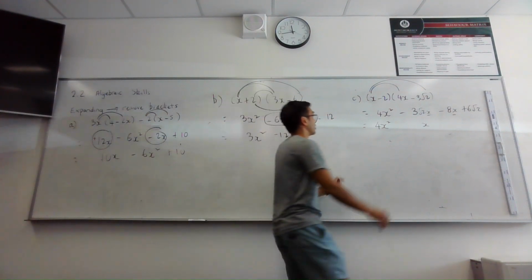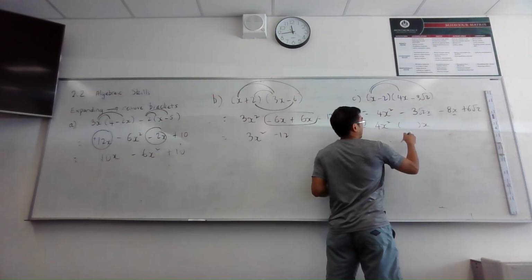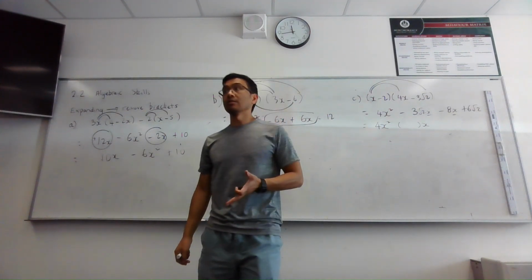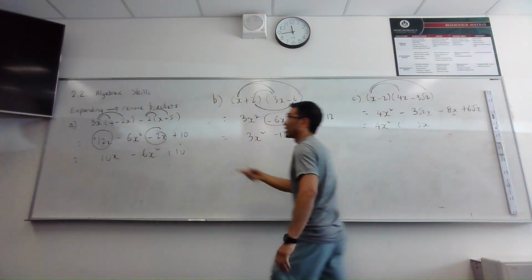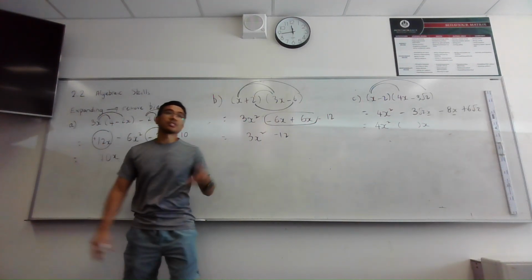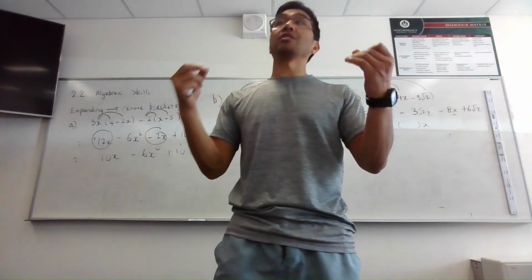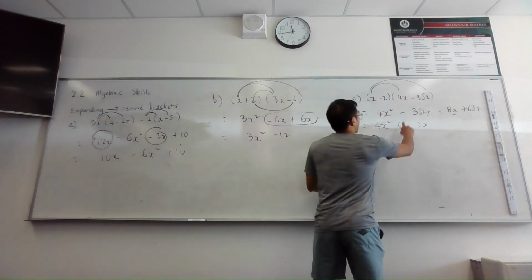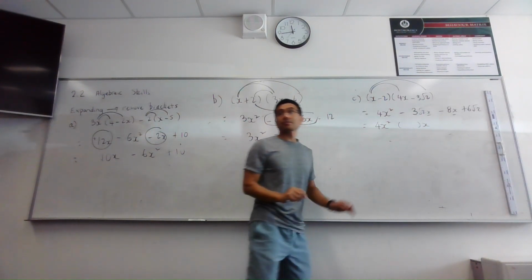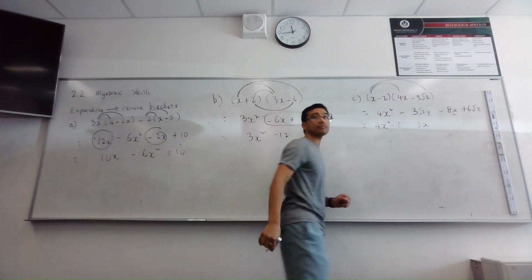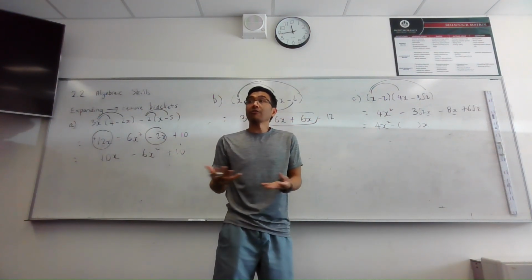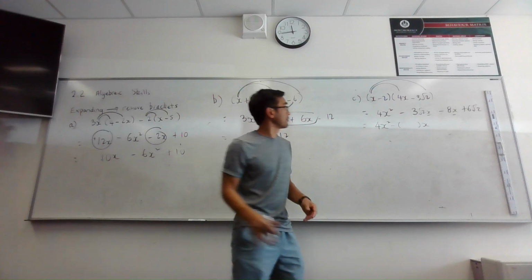Okay. Then we can factorize it like so. Now, I know we're doing expanding, but sometimes you still have to factorize within the question. They both have negatives. We can pull a negative out right here. Then we just drop in everything that we didn't have.